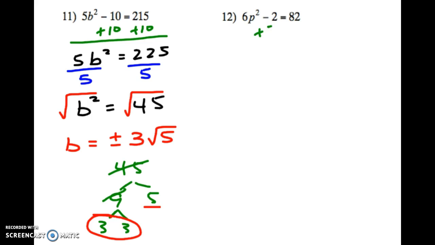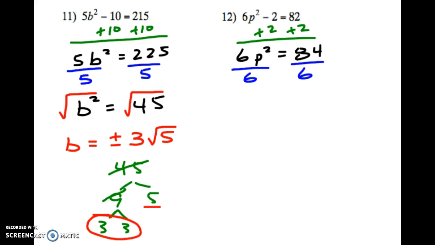Last one, number 12. We add 2 to both sides. This gives us 6p squared equals 84. We would divide by 6 to get that p squared by itself.